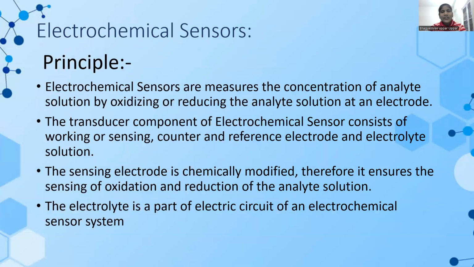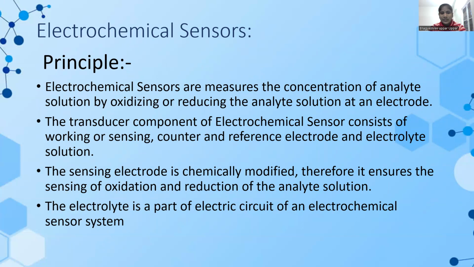Now let's see the electrochemical sensors. The principle of electrochemical sensors: they measure the concentration of the analyte solution by oxidizing or reducing the analyte solution at an electrode. The transducer component of electrochemical sensors consists of working or sensing, counter and reference electrodes and electrolyte solution.